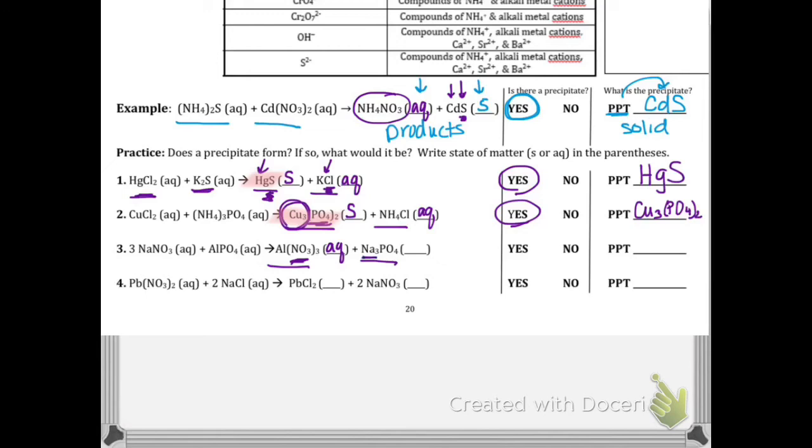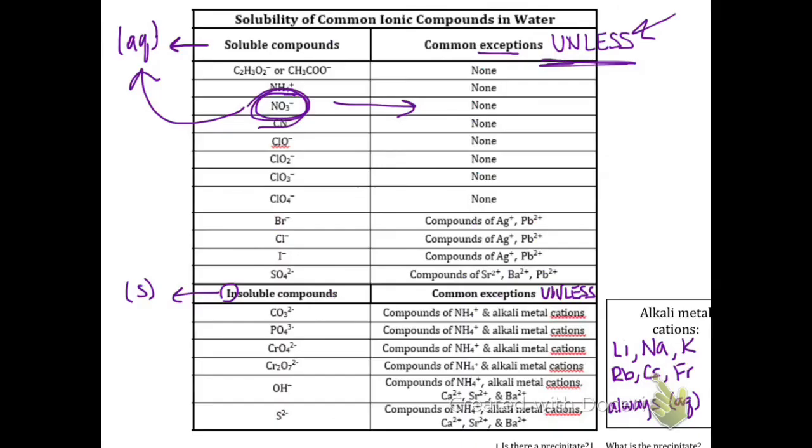All right, next you have a sodium phosphate. So you can look for PO4. PO4 is right here. So you say phosphate is always a solid. It's always insoluble unless it's attached to one of these things. So you check, is it attached to an NH4 or an alkali metal? Remember, your alkali metals are right here.